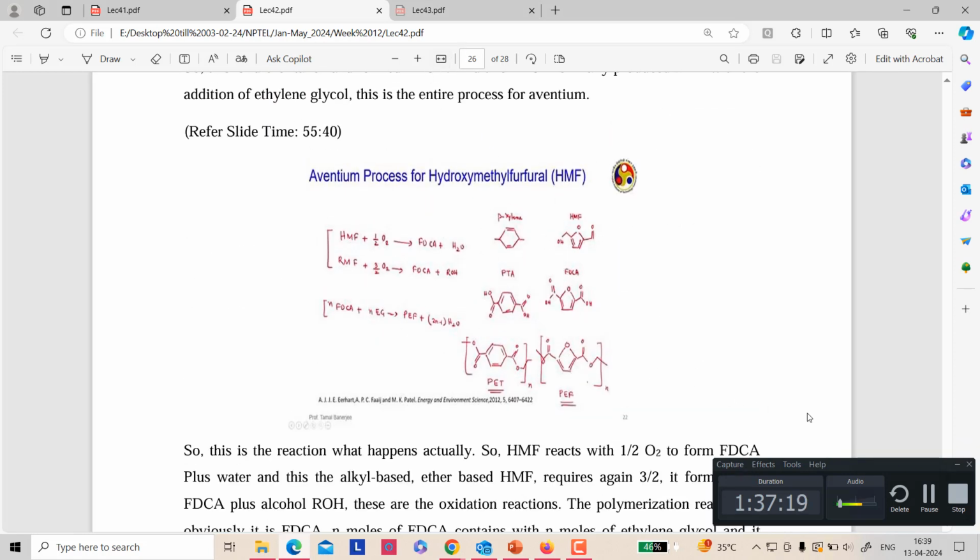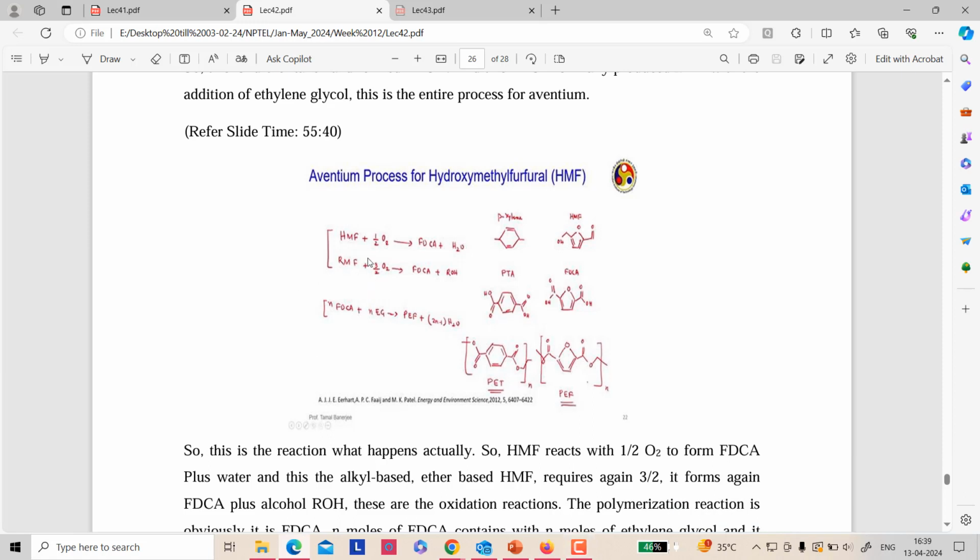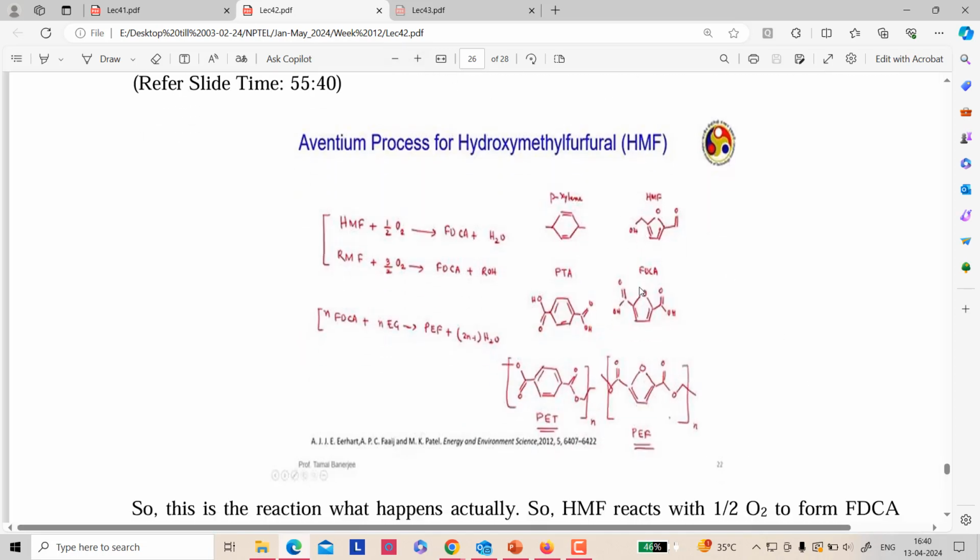So if you follow this very carefully, you will understand that first HMF, that is the hydroxymethyl furfural, gets oxidized, produces FDCA, right? Furan dicarboxylic acid. Okay, so this is the HMF structure. It gets oxidized and produces FDCA, and it gets polycondensed with ethylene glycol, produces PEF.